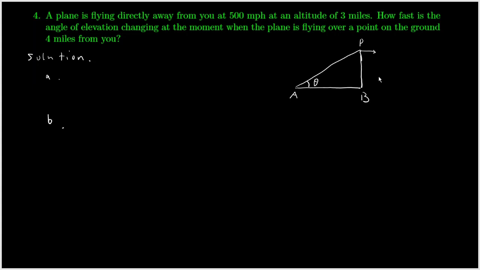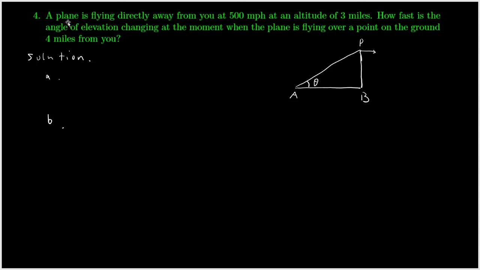Now in step B, we are going to introduce the variables representing the quantities for which we are given the rate of change and the quantities for which we are looking for the rate of change. First of all, we identify the quantity for which we are given the rate of change.